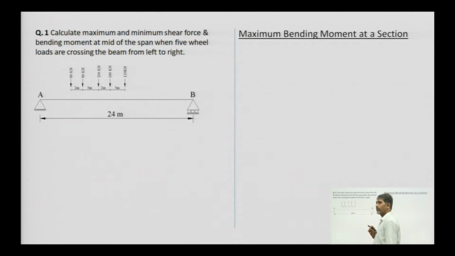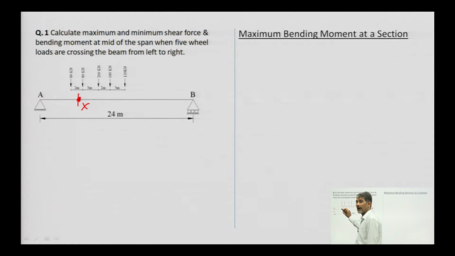In the case of bending moment, two types of questions can be there. One is that at any section, say this section is x, due to moving load, that section will experience a certain maximum bending moment at some particular position of the load system over the beam.